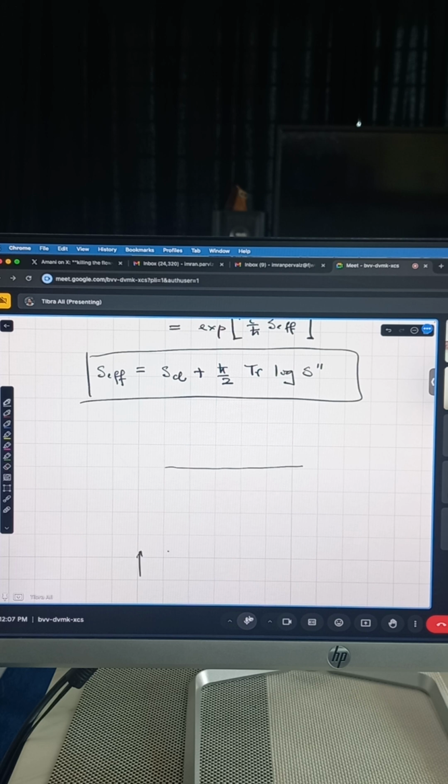We have a barrier, and behind the barrier is a screen. If these were particles, the shadow would be the geometrical shadow, right?